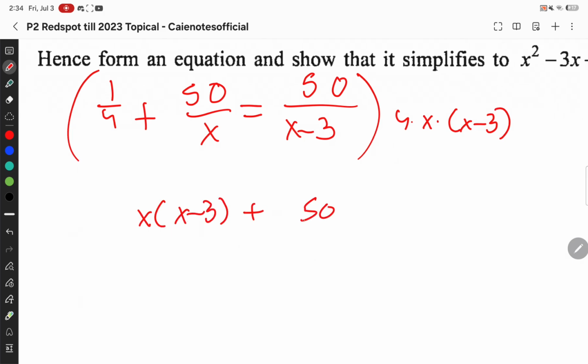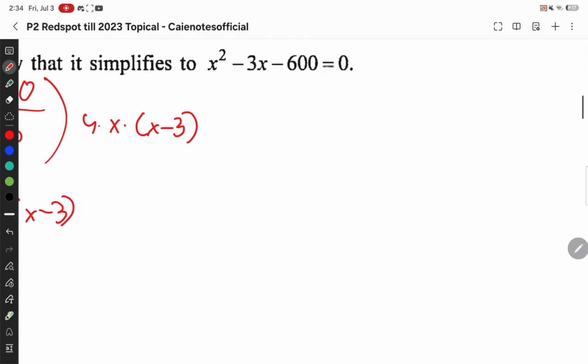Next is 50. X and x cancel out. So we get 50 times 4, 200, x minus 3. This is a calculator paper. Come on, use a calculator. 50 over x minus 3.